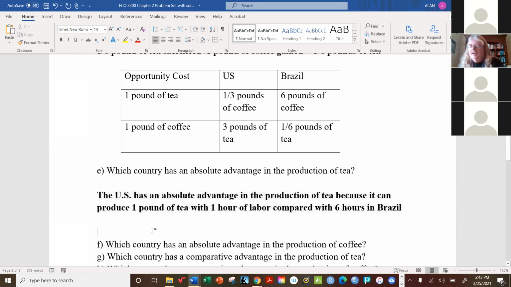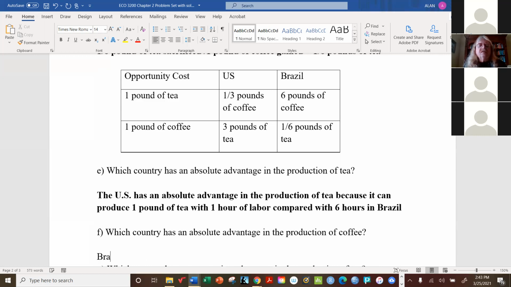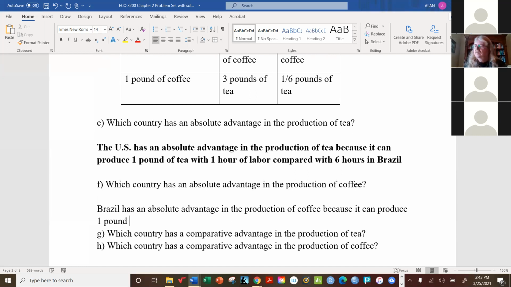What about the coffee? Well, in that case, the advantage swings back to Brazil. Brazil has an absolute advantage in the production of coffee because it can produce 1 pound of coffee with only 1 hour of labor compared with 3 hours in the United States.